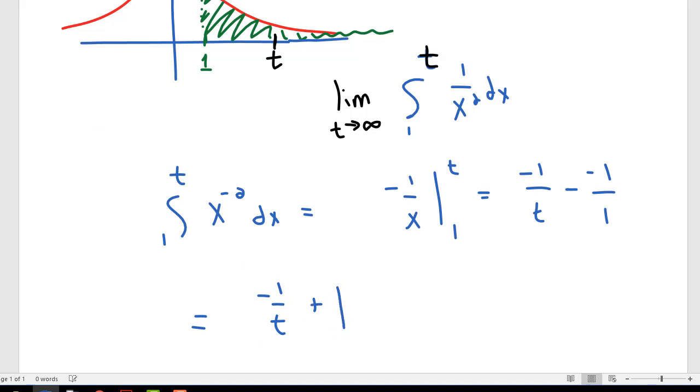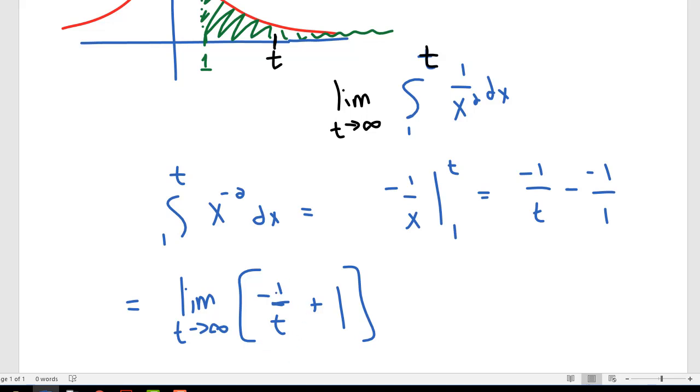All right, now let me come back here and put in my limit, because I really have the limit process going on at the end of this. So I have the limit as t goes to infinity, right? Now, you should have learned in a calculus course, right, that when I have 1 over something that grows without bound, right, so t goes to infinity, that this whole fraction tends to 0, goes to 0.